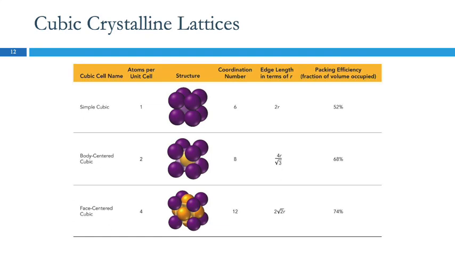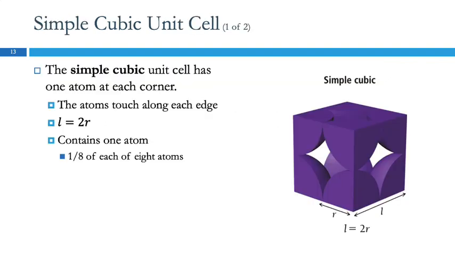Okay, so we're going to look at 3 different cubic unit cells. This is kind of a summary of them, and we'll look at each of them individually. So the simple cubic unit cell has 1 atom at each corner of this cube. And so if we take this and we duplicate it and put it next to it, then we're going to fill in some more of this atom, right?